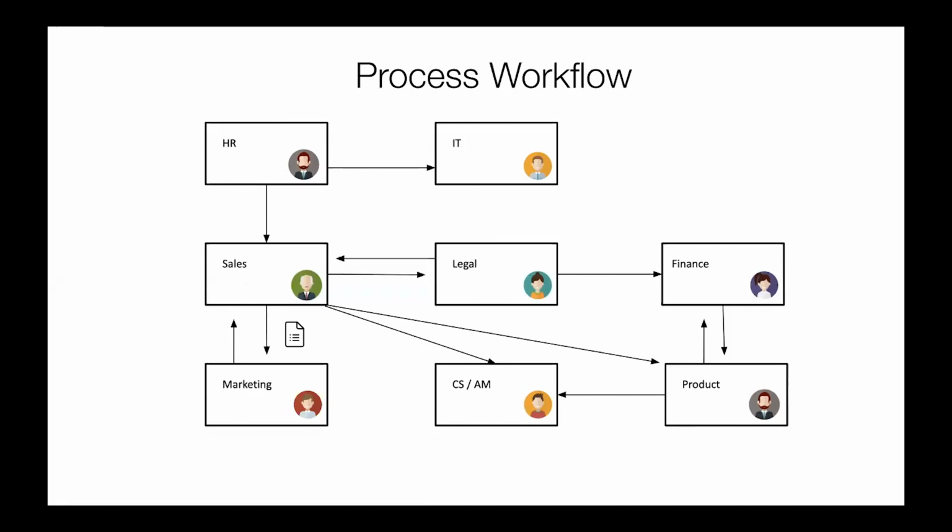Whenever he's signing a new deal, he'll be able to communicate with the legal team and with the finance team as well. Then finance will need to go to the product team, and eventually a CS or account manager will need to handle those accounts. In addition, he will need to do some back and forth requests from marketing to support his pitches and flows that he's managing. So this is the idea that we have in terms of flow.